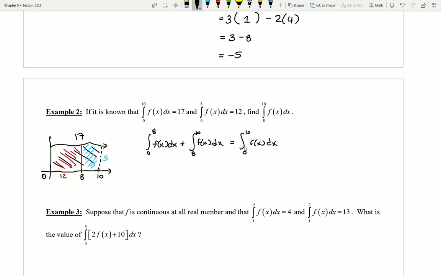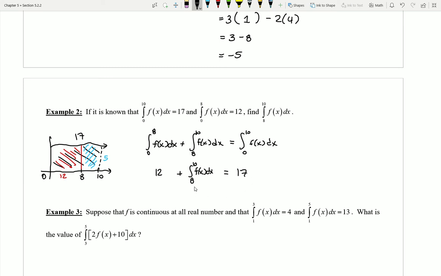Notice I'm writing this out symbolically as opposed to pictorially. The symbolic representation is useful because I was given information in symbolic form. I've set up a little equation. I know that the integral from 0 to 10 is the number 17. I know that the first part, from 0 to 8, is the number 12. And I have this leftover part that I don't know the value of.